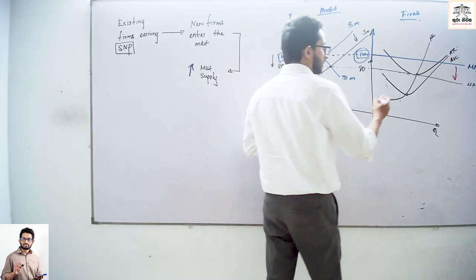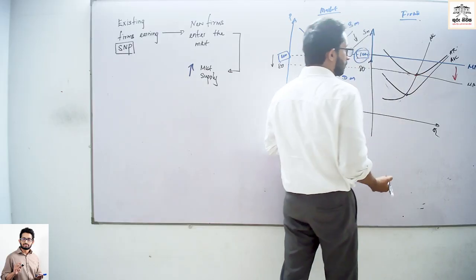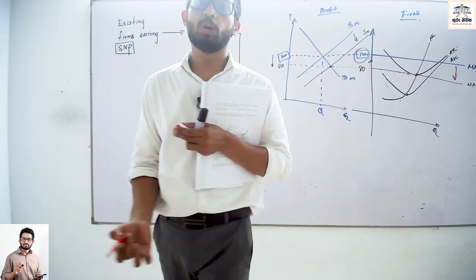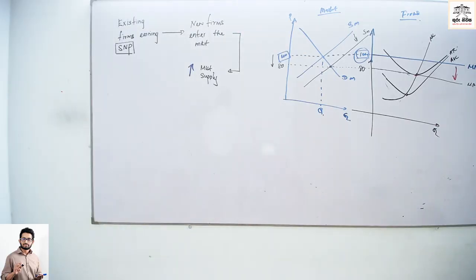Now what happens to that abnormal or supernormal profit? Is the firm making supernormal profit, abnormal profit, or normal profit? Normal profit. In the long run, that supernormal profit becomes normal profit.